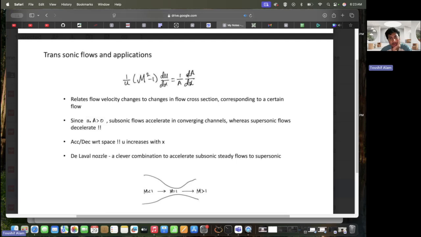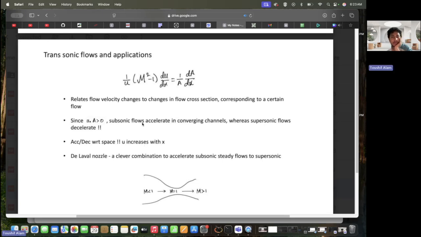You can see, right? I'll explain in a bit. Since u is greater than 0, because speed can't be negative, and A is also greater than 0 because area can't be negative. For subsonic flow, M is less than 1, so this side is negative. So dA dx is negative, so area is decreasing.